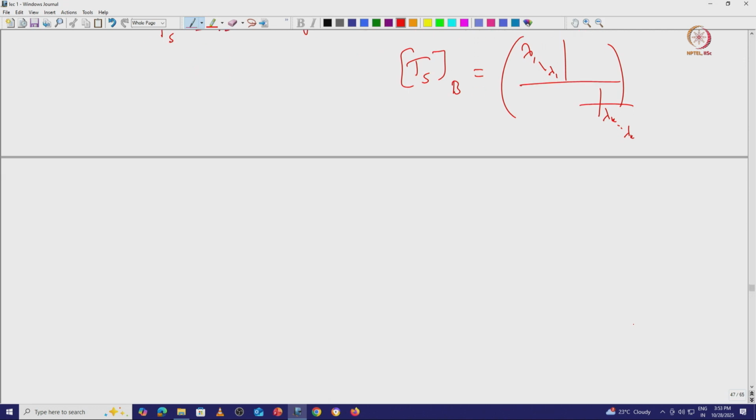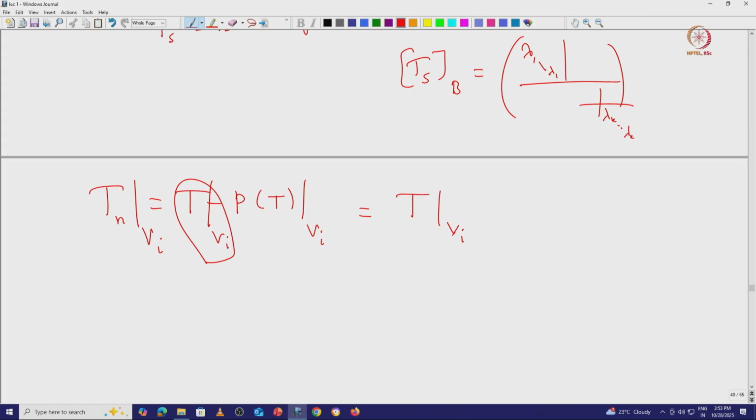Now, let us look at T_n, which is nothing but T minus p of T. Let us restrict this to V_i. Then T restricted to V_i minus p of T restricted to V_i is T restricted to V_i minus lambda_i I restricted to V_i, because p of T is nothing but lambda_i on V_i.